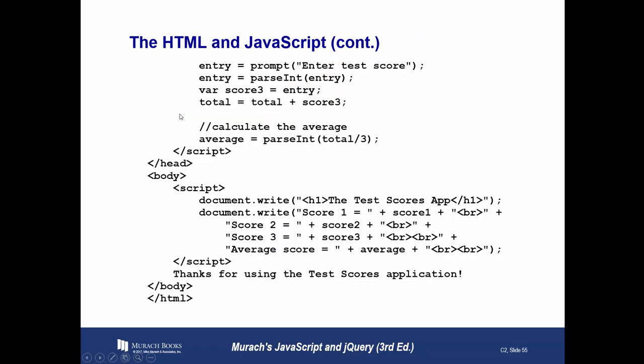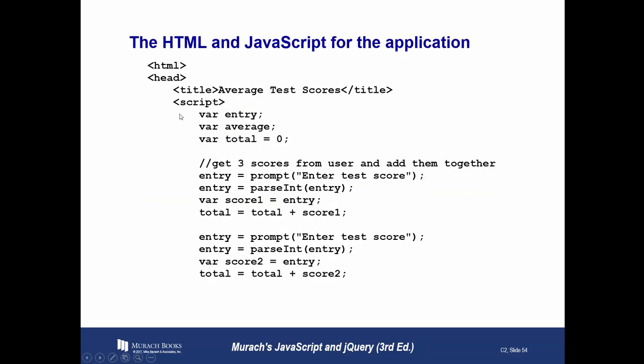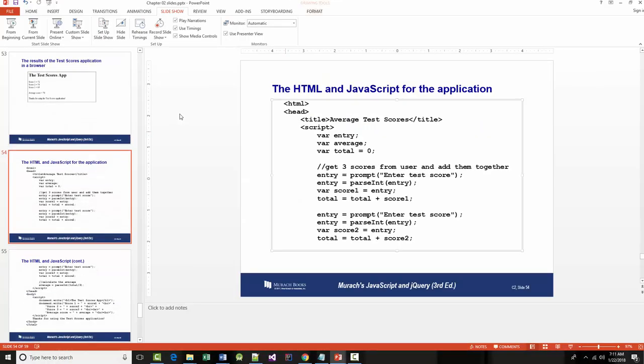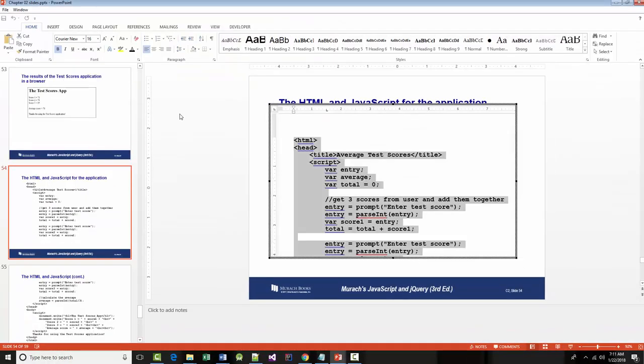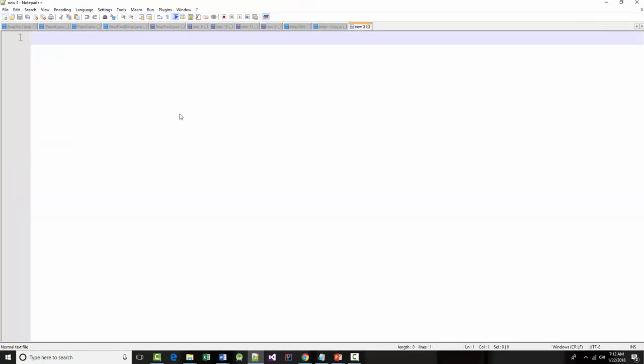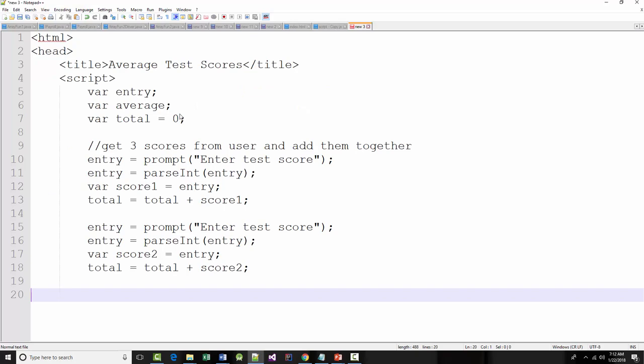We could grab all of this. Whoops. So I can grab all of this. Okay. Come here, start up a new file. We're going to paste it in. I'm just going to do a bunch of pasting here.